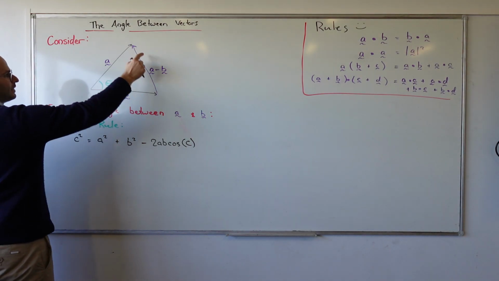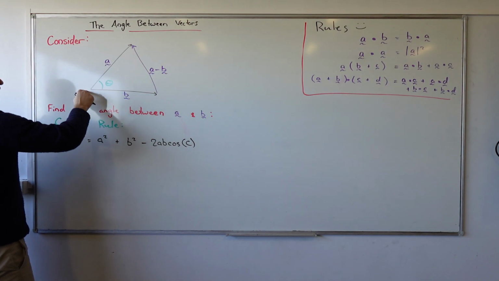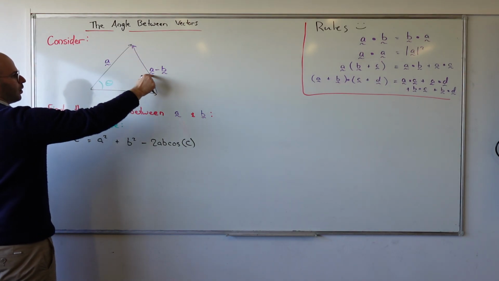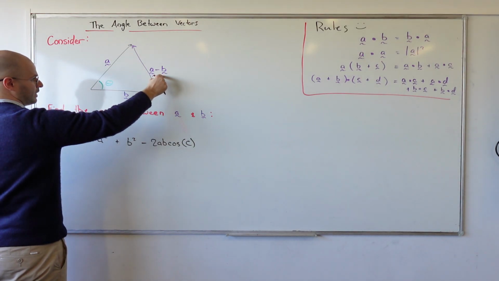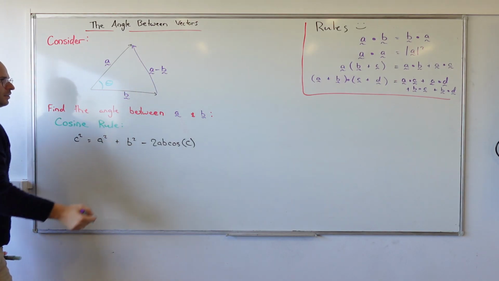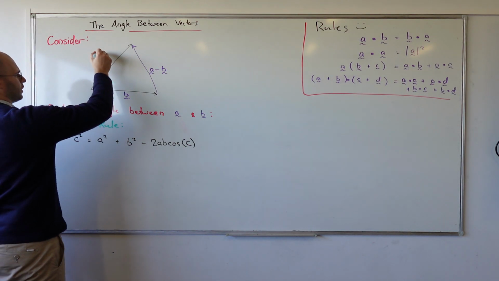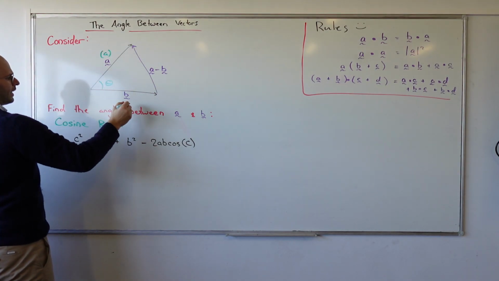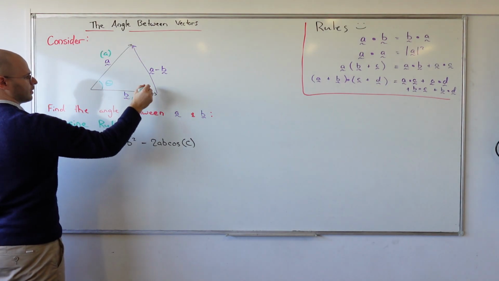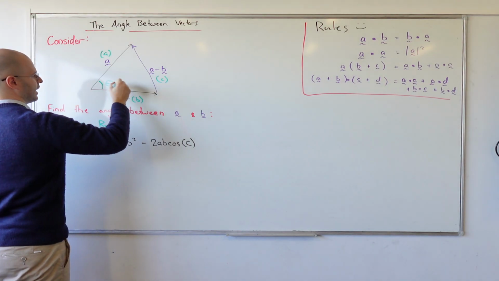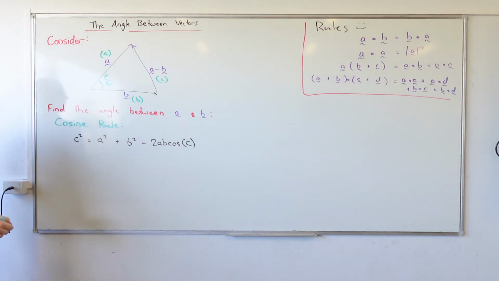To go from here to here, we go against the current of B and with the current of A. So it's minus B plus A, or A take B. So there's your triangle. Labeling this in the convention of non-right angled trig, sides a, b, side c, and this would be angle C in there as well.